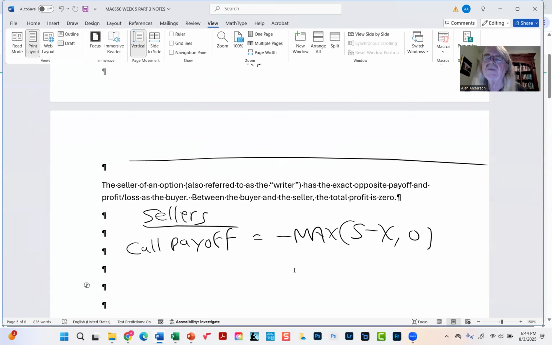If I'm able to buy the gold at an advantageous price, who am I buying it from? The seller. That means they're at a disadvantage. But then in exchange for this, the seller is collecting the premium. So the call profit looks like this.